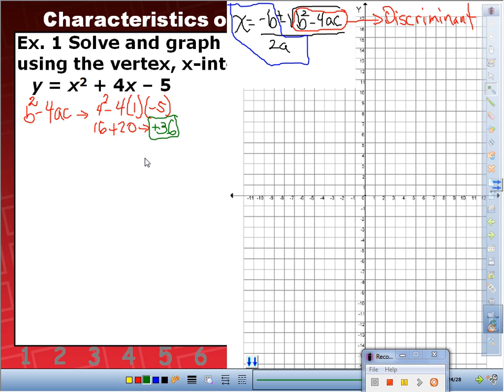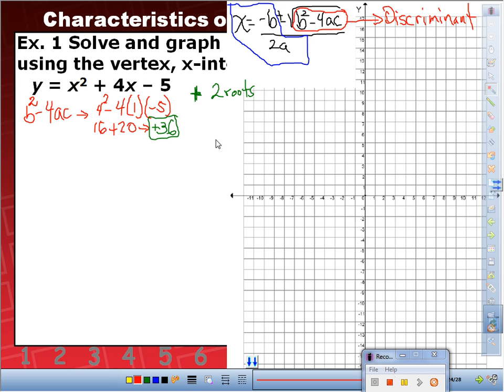So now what does that mean? Whenever we get a positive number, once we solve this quadratic equation, we should get 2 roots. Are we there? However, where did I get this from? From underneath the radical, right? Think about this, don't say it out loud. What happens when we substitute values in here and all of a sudden we end up with a negative square root? Think about it.